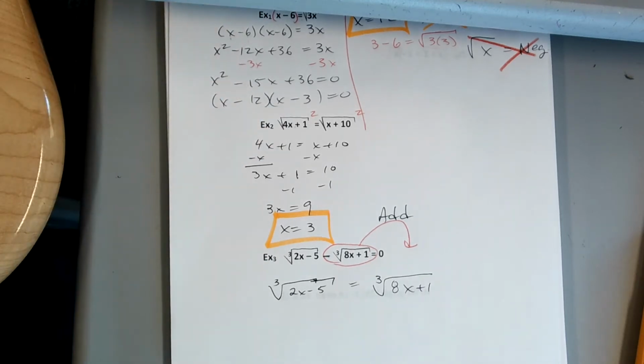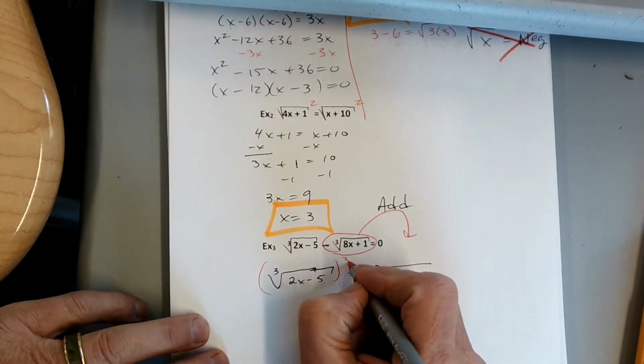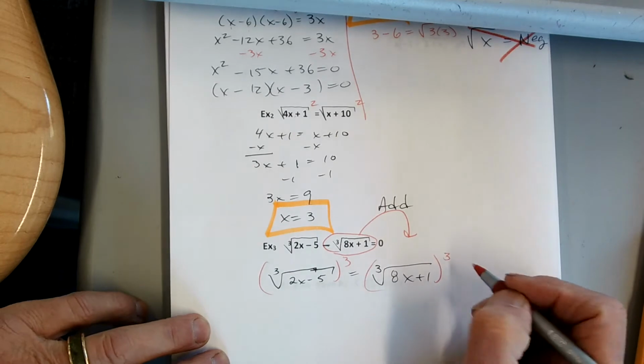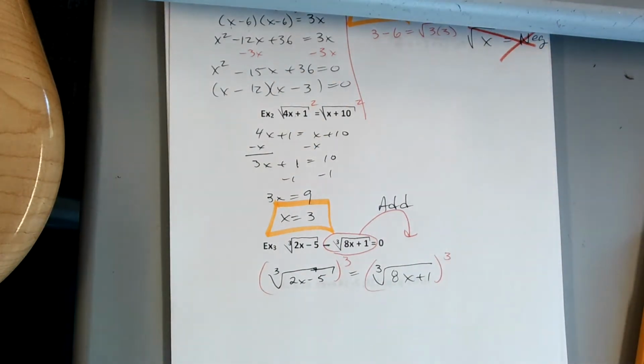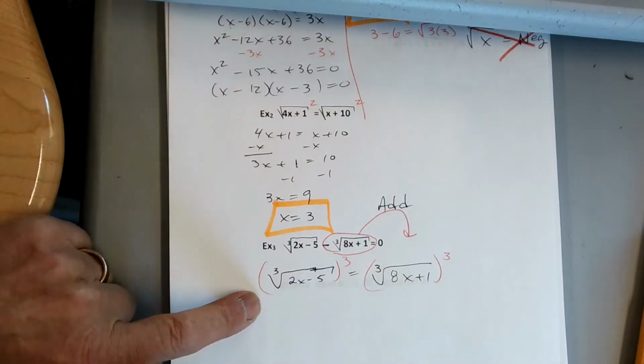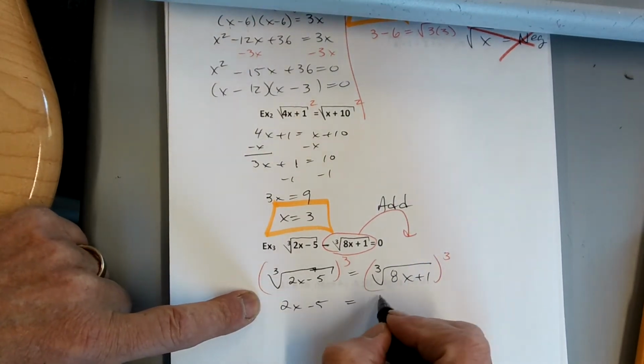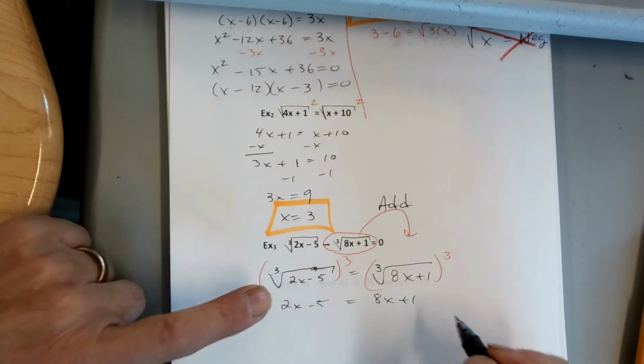That's not too bad. I can do that. So we're going to cube it to get rid of the cube root on both sides, right? And then the cube cancels the cube root, and I'll have 2x minus 5 equals 8x plus 1, right?